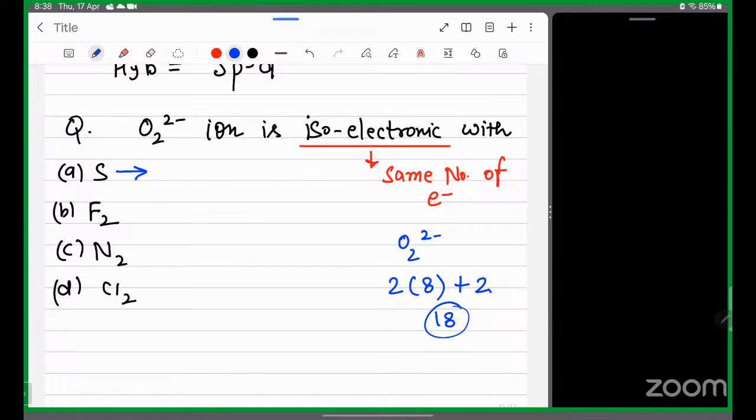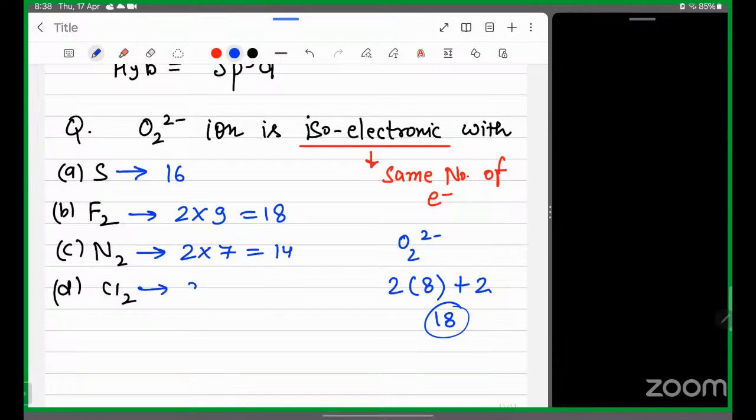In case of sulfur, we will have 16 electrons because its atomic number is 16. In case of fluorine F2, we have 2 fluorine atoms and the atomic number of 1 fluorine is 9. This will be 18. In case of nitrogen, 2 nitrogen atoms with atomic number 7, 14 electrons.